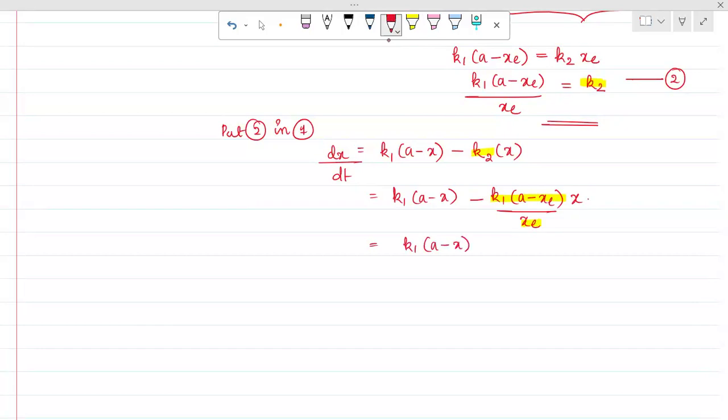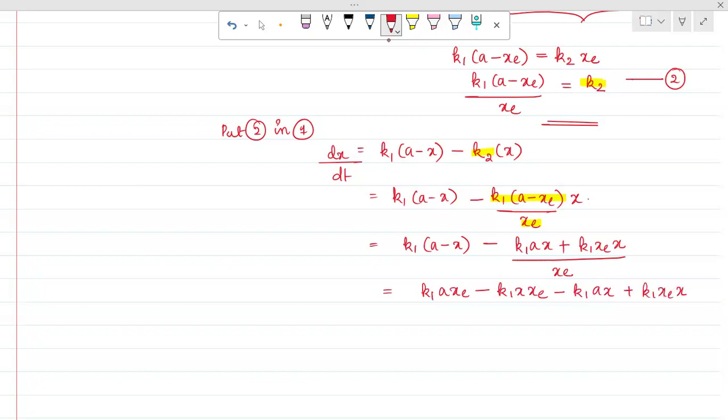K1 into A minus X minus, open the brackets, K1 AX minus K1 XeX. This minus and this minus becomes plus, divided by Xe. Cross multiply again. K1 A Xe minus K1 X Xe minus K1 AX plus K1 XeX divided by Xe is dx by dt.